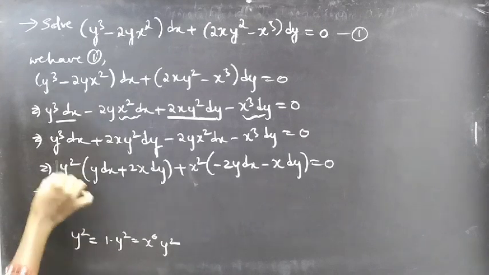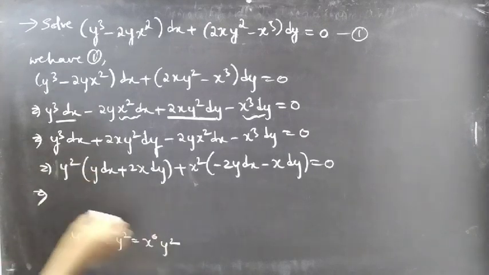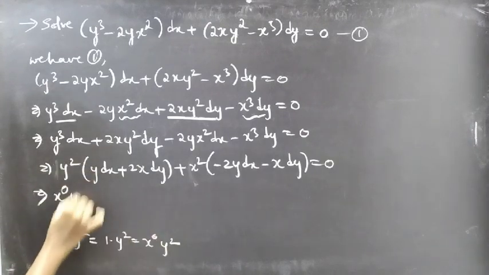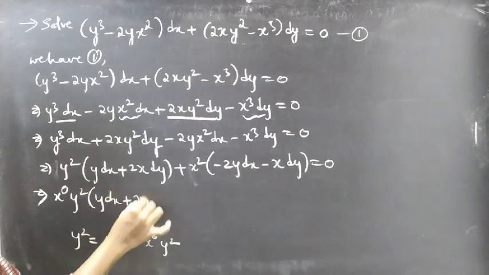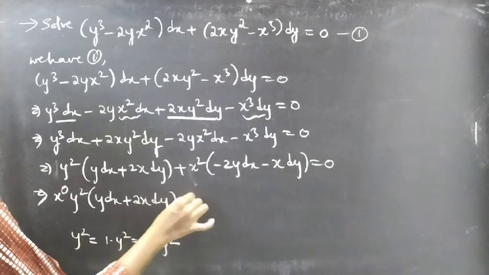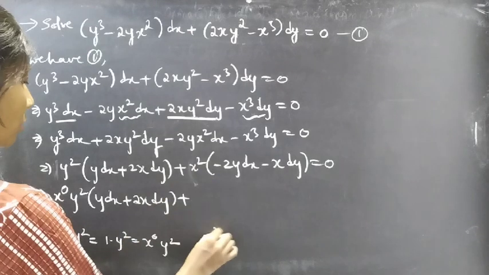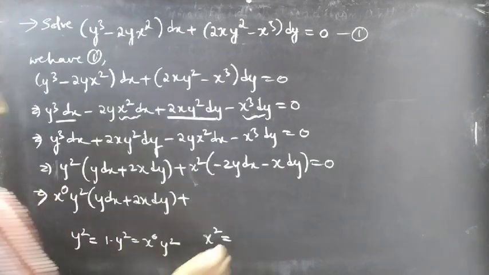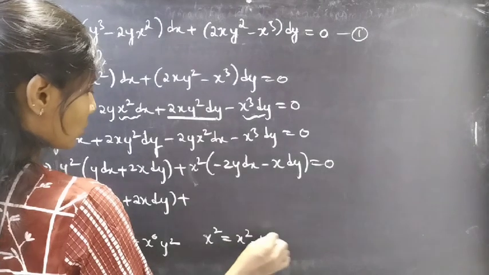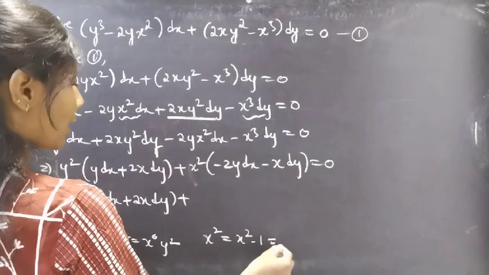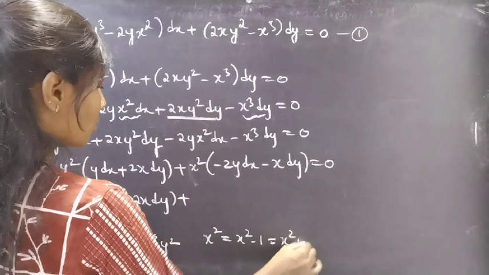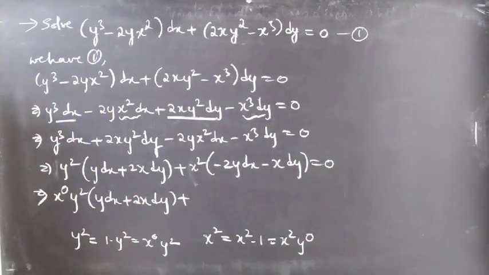So you can write this y square as x power 0 into y square, into the terms under brackets, which remain the same. Plus here you're having x square, there is no y term, and we can write x square as x square into 1, replacing 1 as y power 0. You'll get x square y power 0, since y power 0 is 1.